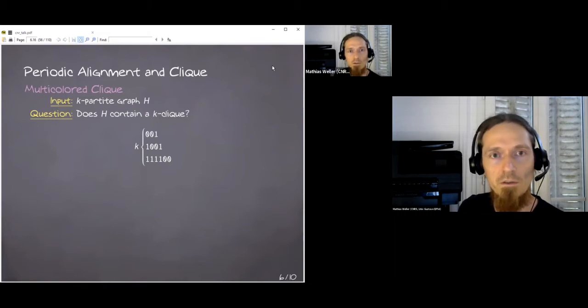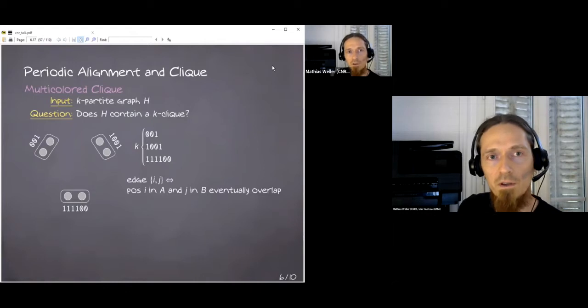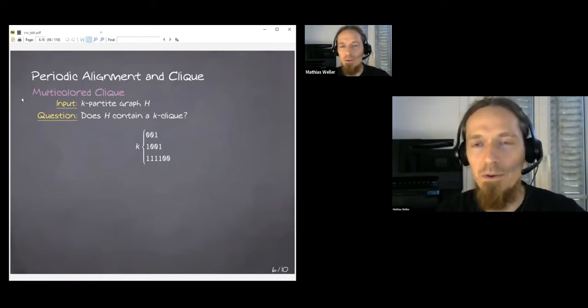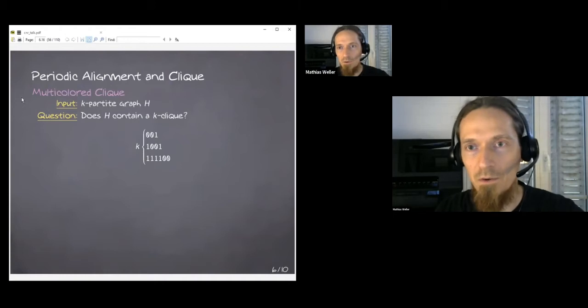So imagine that this is our periodic alignment instance. Then we can construct a multicolored clique instance. Let's say we have this instance of periodic alignment, these 3 sequences. And again, the question was whether they will be eventually all 0 at some point.